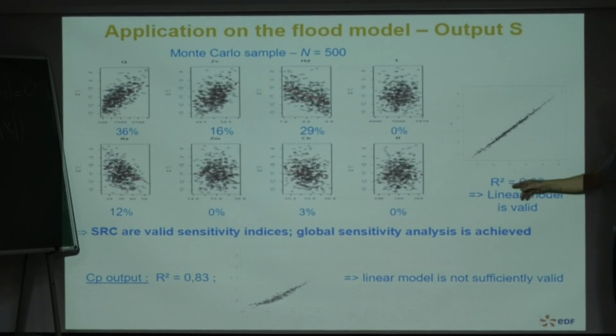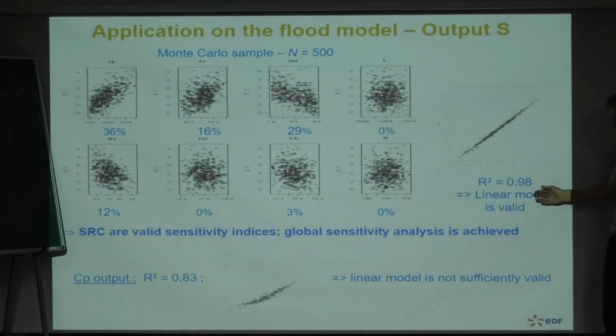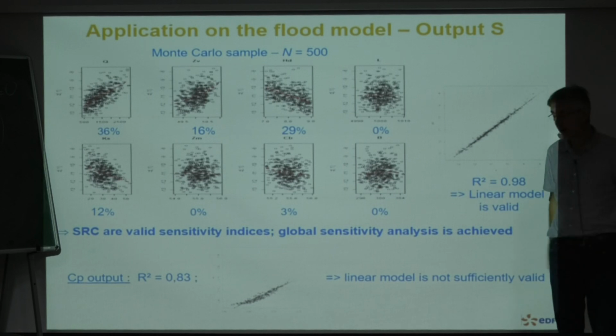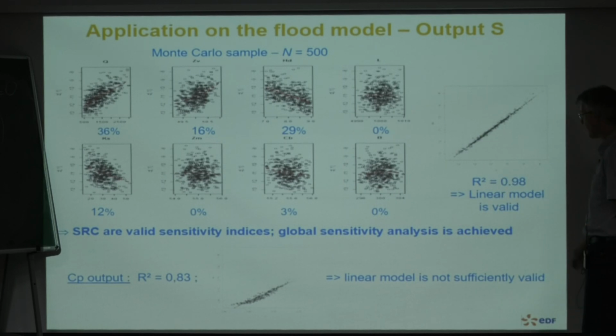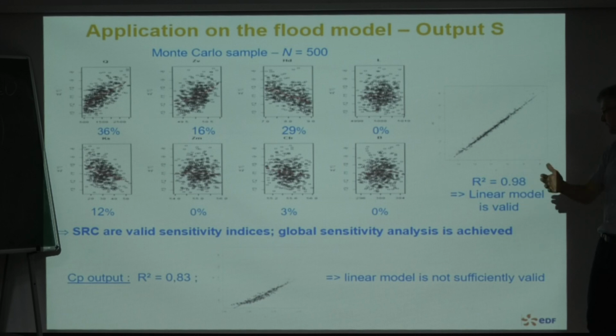I look at my R-square, my coefficient of determinations, in order to know if my linear model is valid. I verify, of course, if the residuals are well centered and no bias, etc. So just a linear regression analysis allows to solve the problem in this case because, in fact, the relation between the output and the inputs is linear.